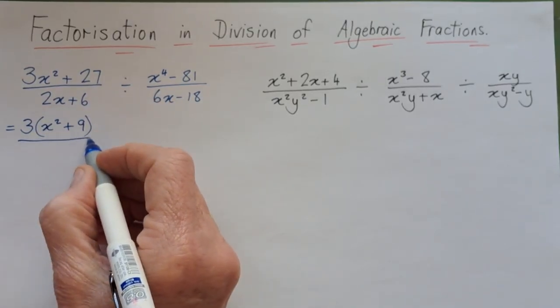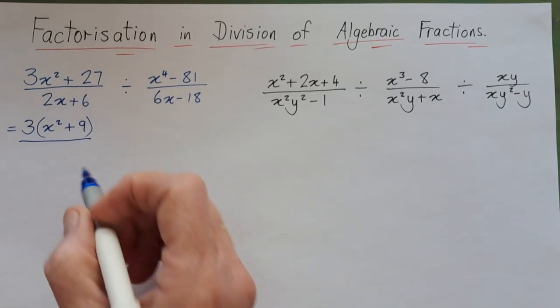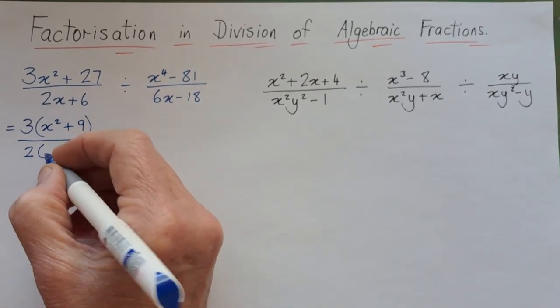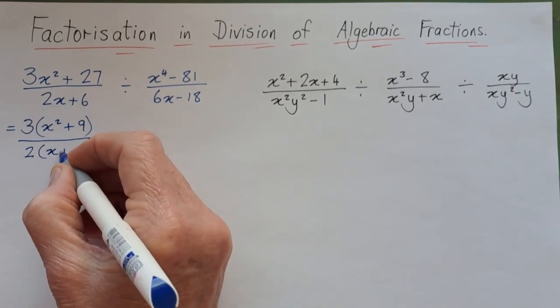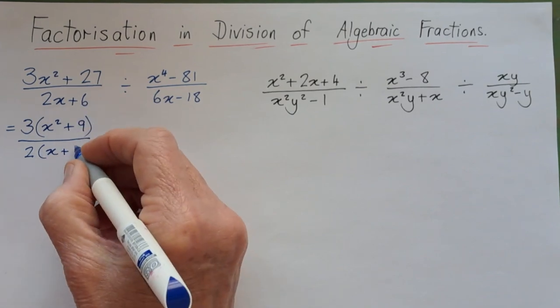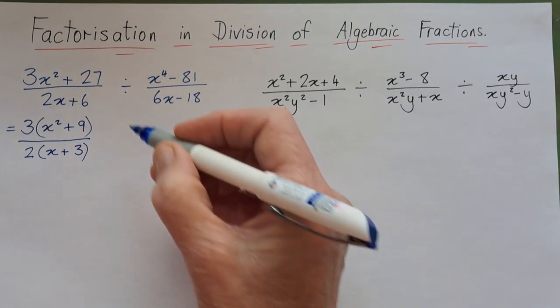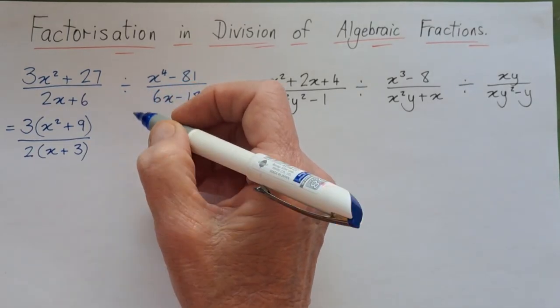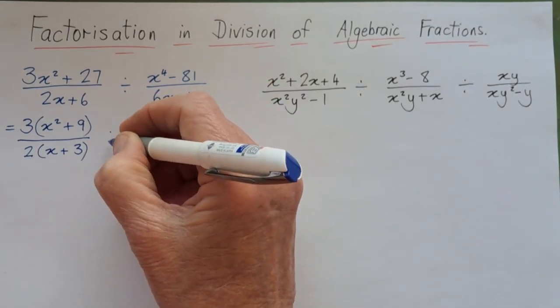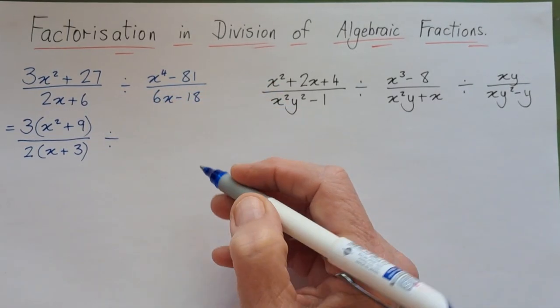In the denominator I have a common factor of 2, and then I'm left with x plus 6 divided by 2 is 3. For the moment, I'm going to leave this as a division sign. We're going to speak about it just now, and I'm simply going to factorize all the way through.